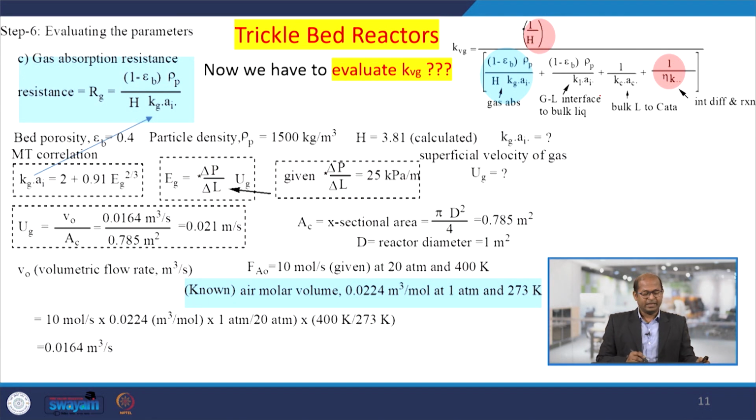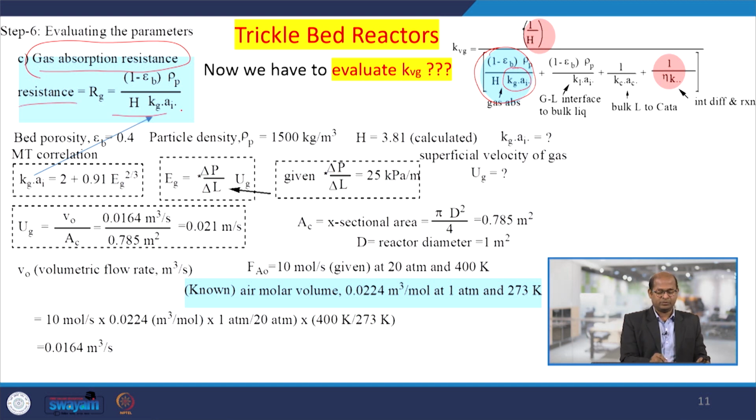Okay. Next, for the gas absorption resistance, this gas absorption resistance is this, here the kgAi value you have to find out. See how, this resistance equals 1 minus Eb, rho p, H, kgAi. Okay.